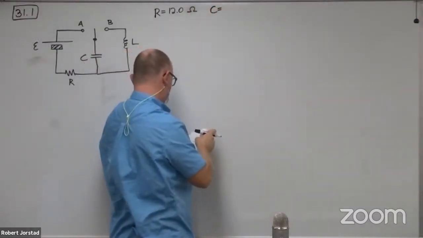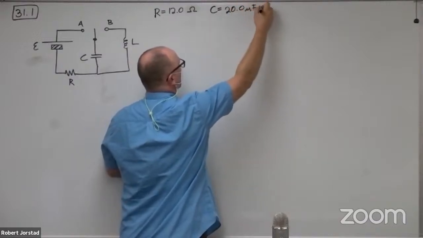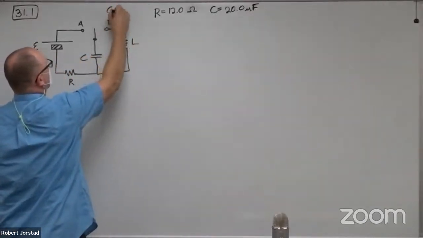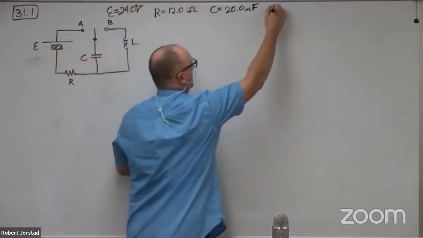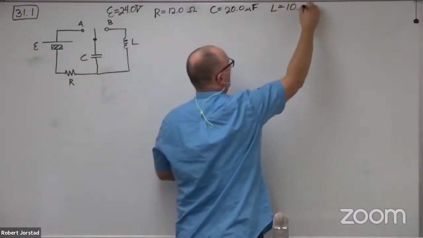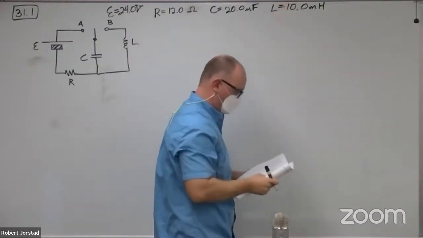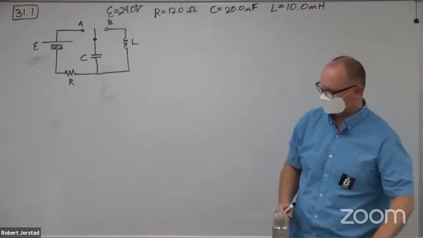Is that 20 micro? What's E? 24. 24, thanks. And then L is 10 milli? Yep. Thanks, that's just a little bit easier for me. Henrys, that's right.